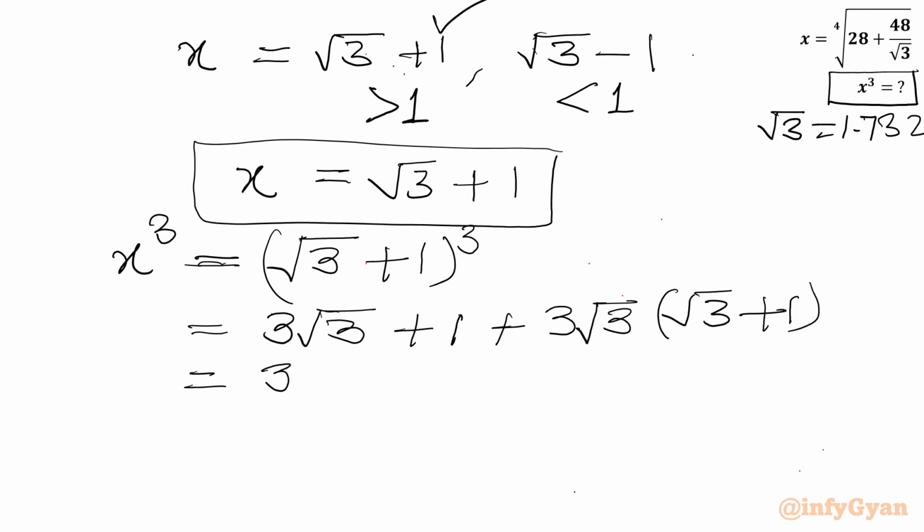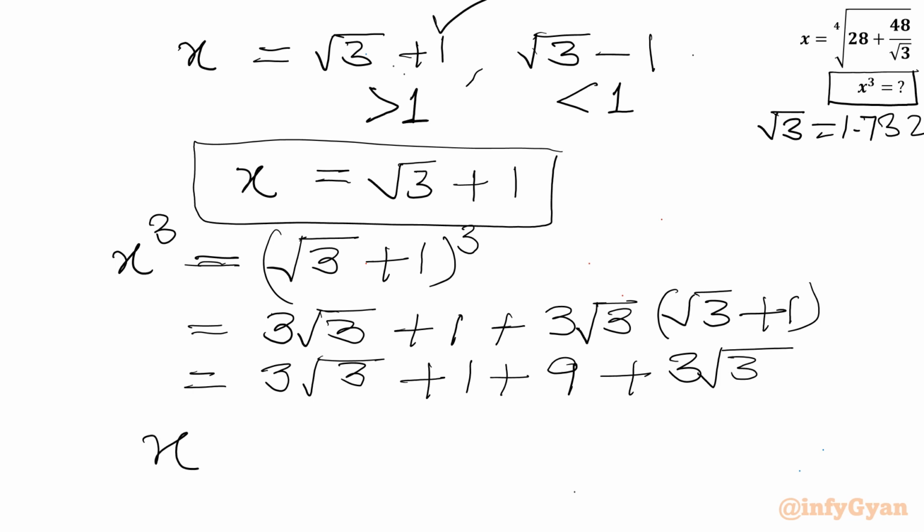Now I can write 3 root 3 plus 1 plus 3 times root 3 times root 3. So it is 9 plus 3 root 3. So finally our answer is x cube will be equal to 10 plus 6 square root 3.